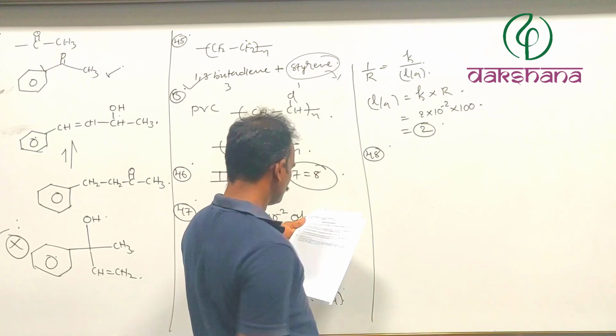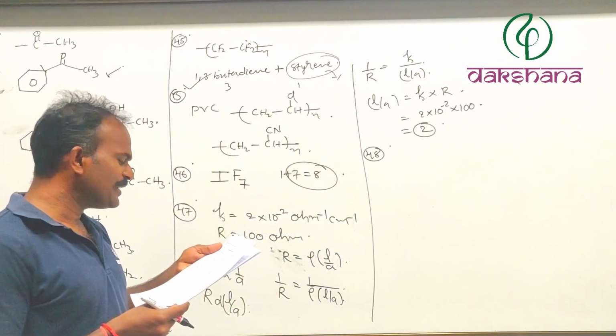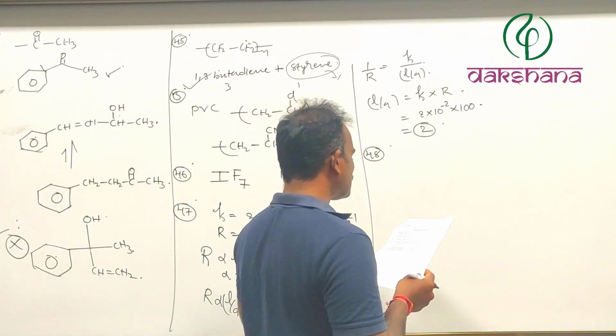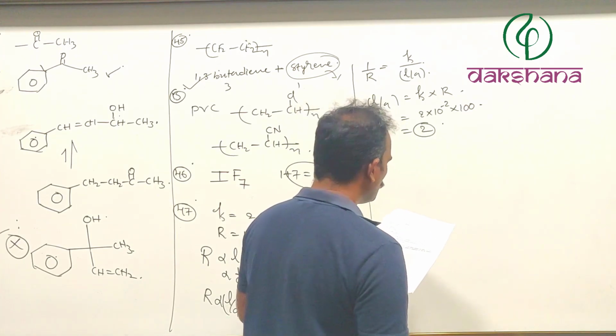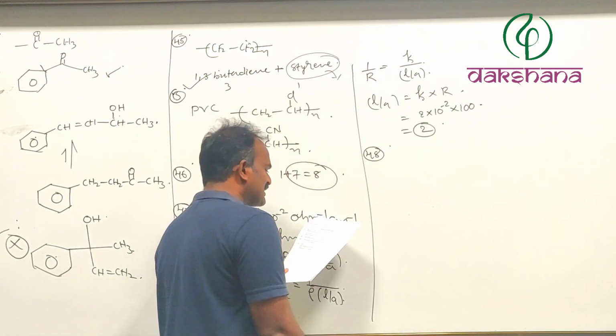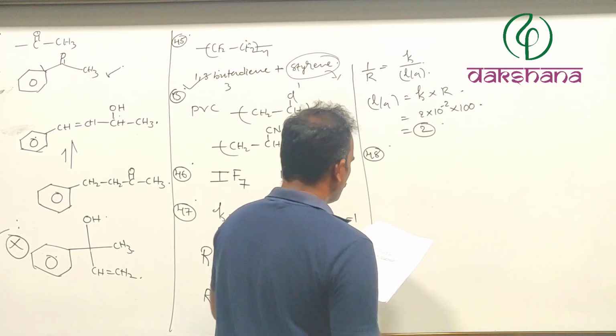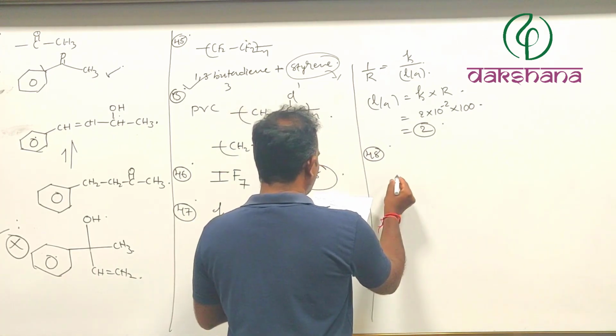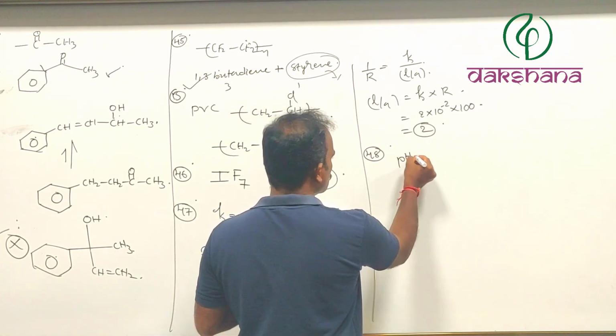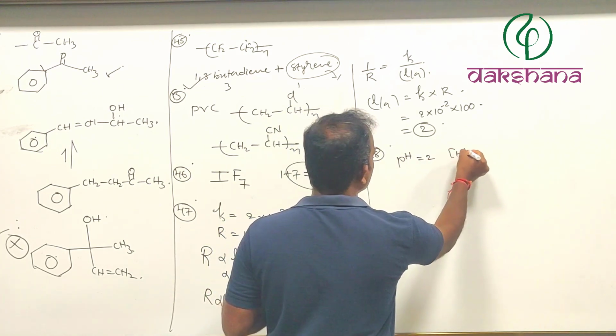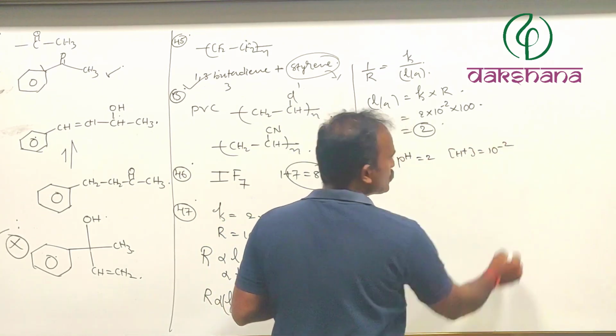Next, 48. The osmotic pressure of 0.1 molar monobasic acid with pH 2.0 at 25 degrees Celsius is, here the monobasic acid pH is given as 2, therefore the concentration of H plus is 10 power minus 2.